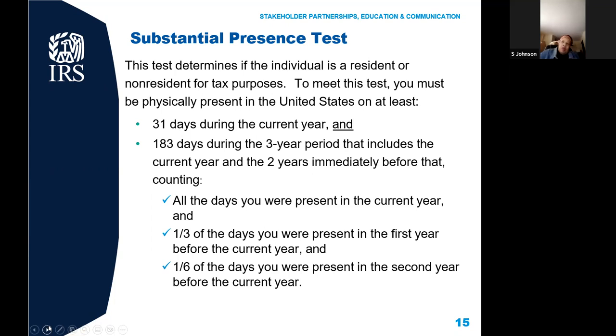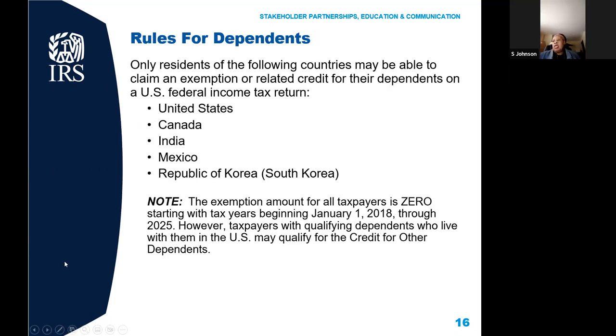Okay. Here we have the next one, after substantial presence: rules for dependents. Only residents of the following countries may be able to claim an exemption or related credit for their dependents on the U.S. federal income tax return: the United States, Canada, India, Mexico, and the Republic of Korea, which is known as South Korea.